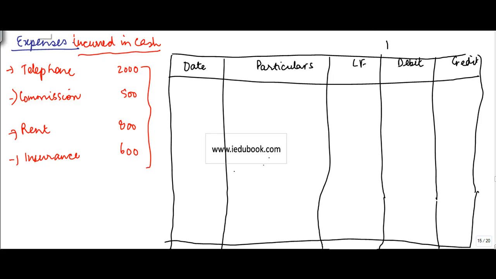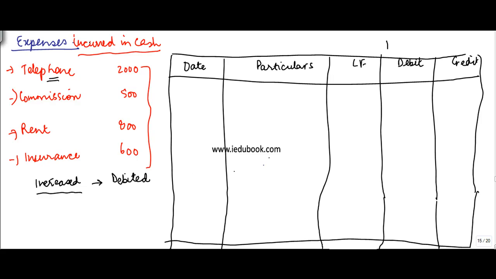Now, what happens is that in these cases, when you've paid certain expenses, what do we know? We know that an expense account, whenever an expenditure is incurred, an expense is incurred or increased. And whenever an expense is increased, it has to be debited.